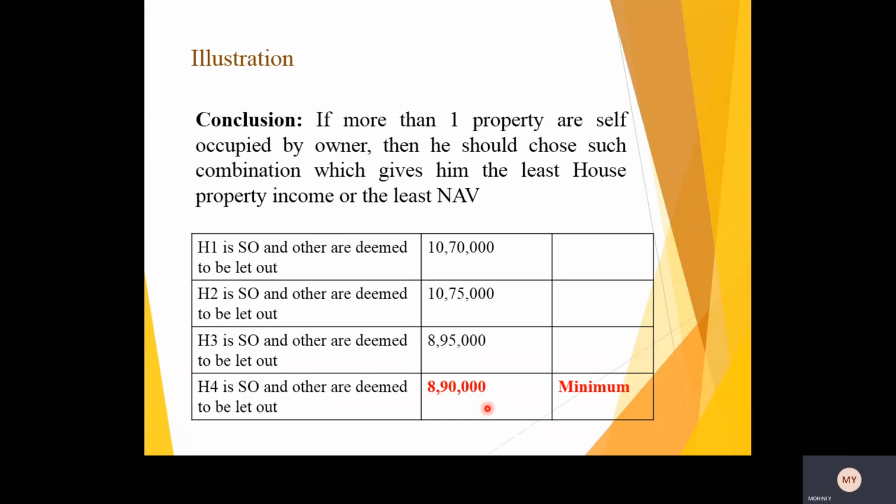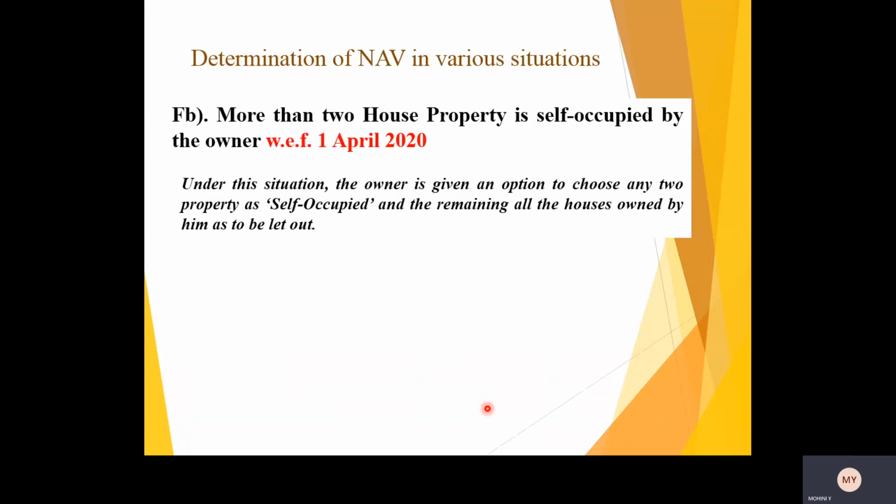But a very important point to note here is that with effect from 1st April 2020, up to 2 house properties can be considered as self-occupied by the owner. Earlier it was only 1 property, but now it is 2 properties.